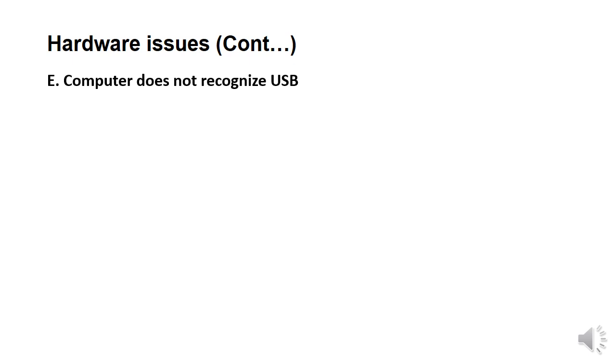The next issue is when your computer does not recognize USB. USB means U stands for universal, S stands for serial, and B stands for bus. Remember that on a computer system there are many types of computer ports.